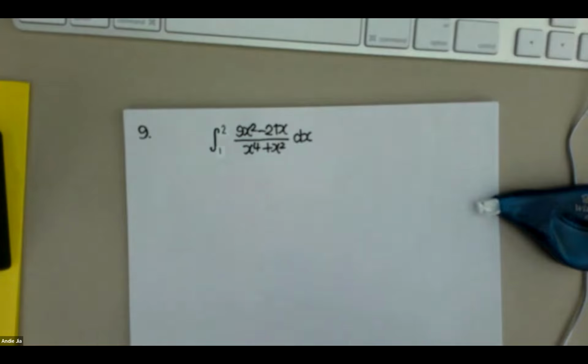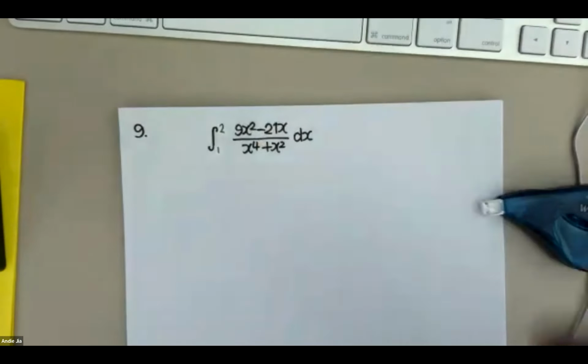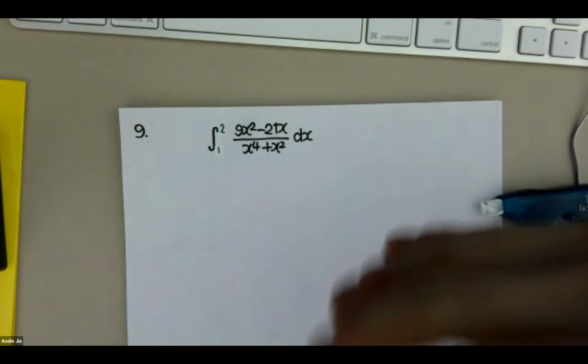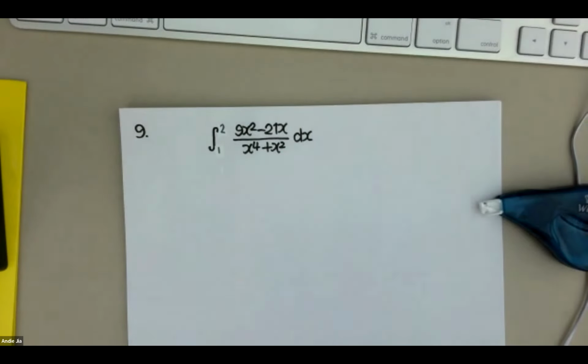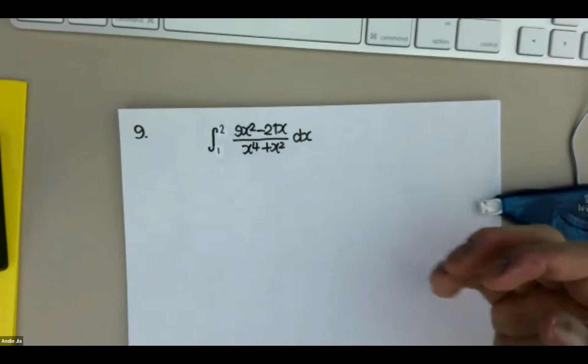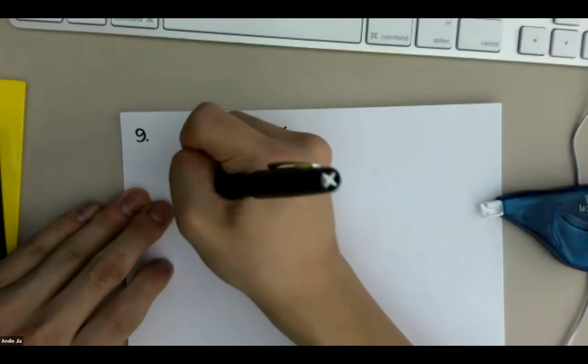If the bottom has a higher power than the top, then this function is reduced. When the function is reduced, we do partial fraction decomposition, so we do PFD.